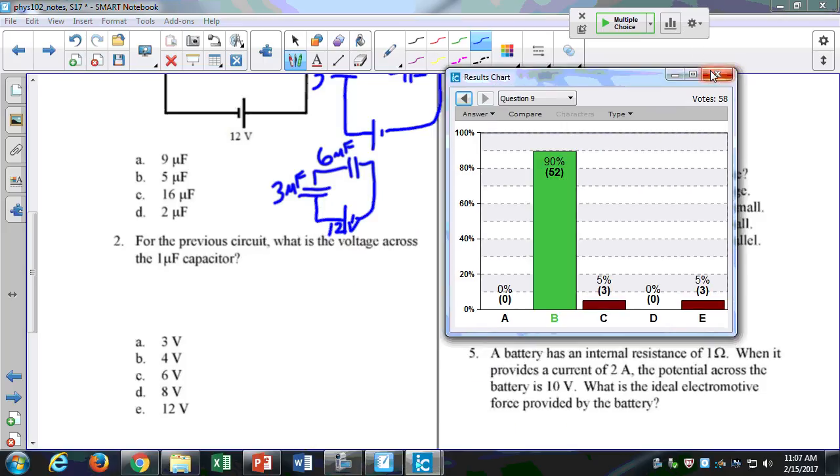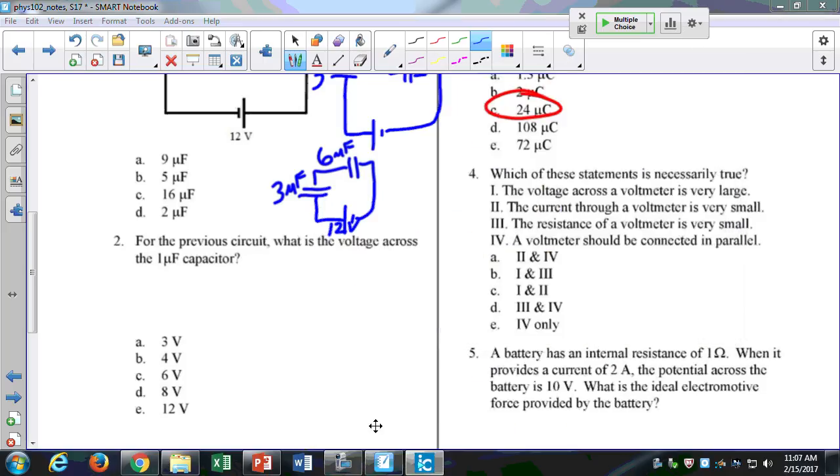Man, you're awesome. B is right. The quick way to do this is to say, well, I know I have 8 volts here and 4 volts here, because those two capacitors are different by a factor of 2. Like if it was a 6 and a 12 microfarad capacitor, it would be the same. Anytime I have two capacitors that are off by a factor of 2, then I know that their voltages also are off by a factor of 2.